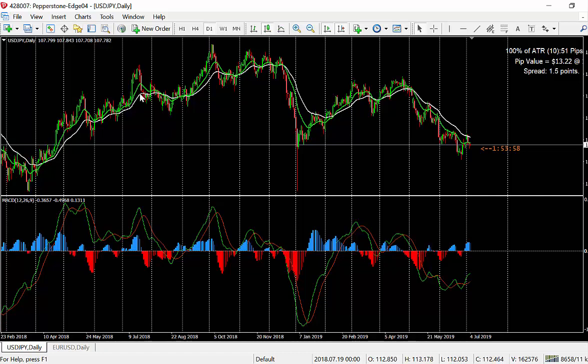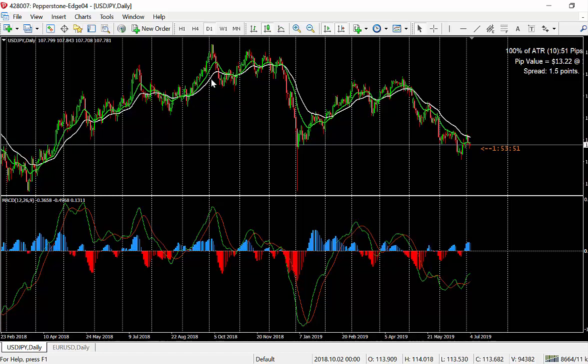As you can see, I've put the 12 and 26 moving average on chart just to copy the settings of the MACD. The price has crossed this moving average many times, but didn't fall or rise very fast. So the price is reacting to another level of support and resistance.